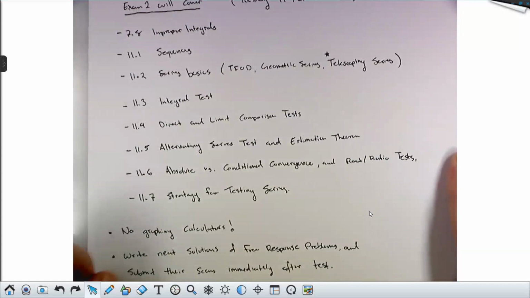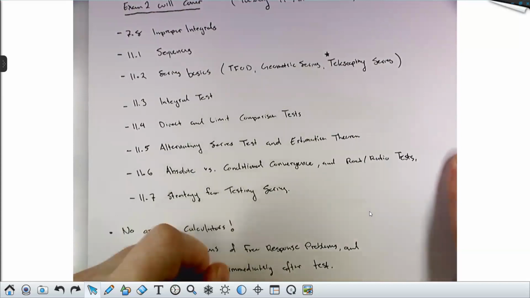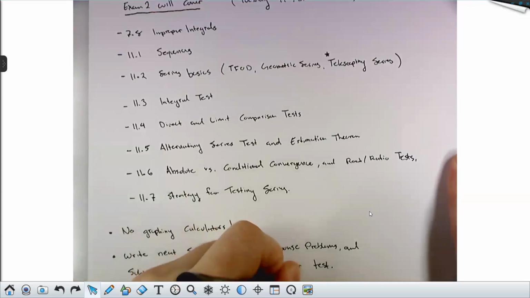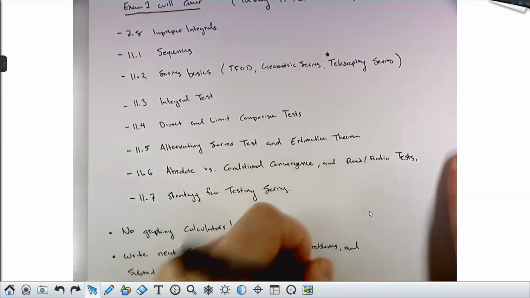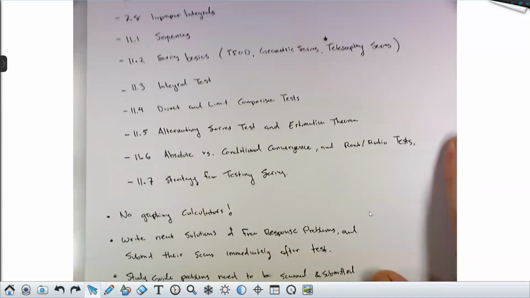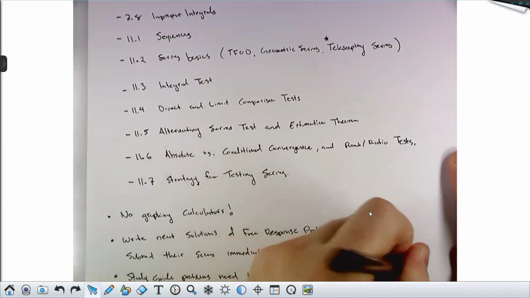What else is there to say? Oh yeah, the study guide. Remember the study guide problems need to be scanned and submitted in Canvas for the grade.